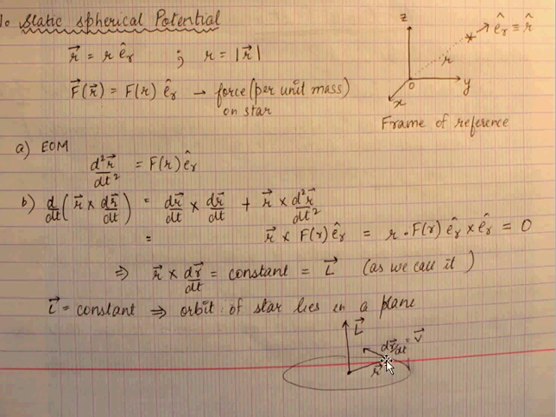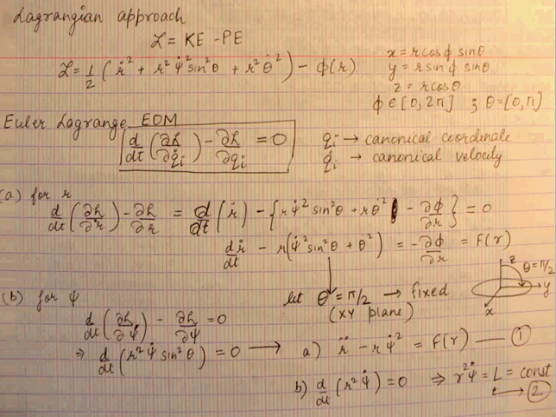Because r is in this direction, and dr by dt, the star is moving like this. This means the velocity vector is in this direction. And r cross v, if you do the right hand thumb rule, would give you L, right? And the L is conserved. So the magnitude of L is constant, but also the direction of L remains constant, which means that the orbit lies in a plane in a spherical potential, right?